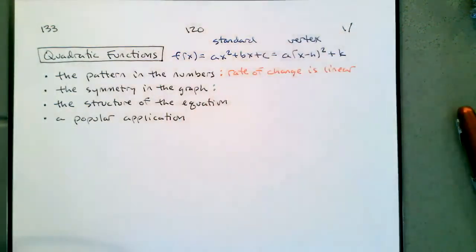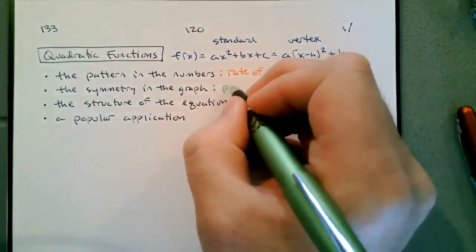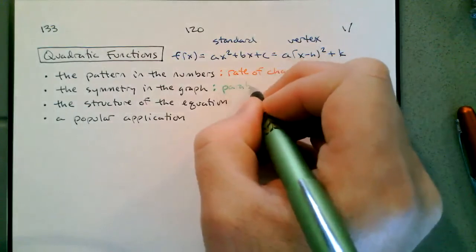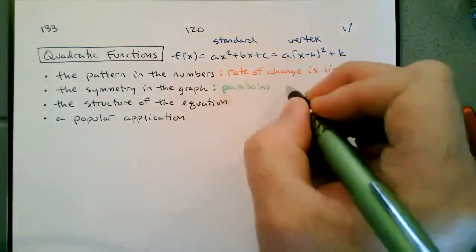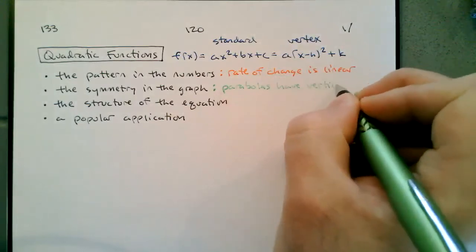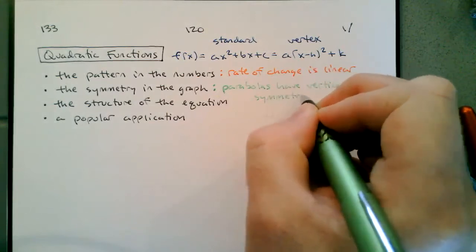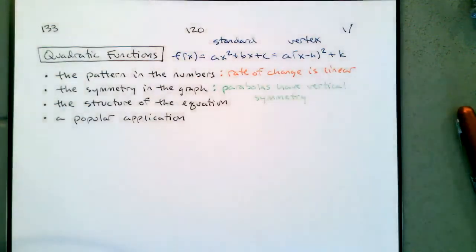And so we could describe the symmetry in the graph of a quadratic function by saying that parabolas have vertical symmetry. What that means is that if we draw a vertical line through the vertex, the left side is a mirror image of the right side.